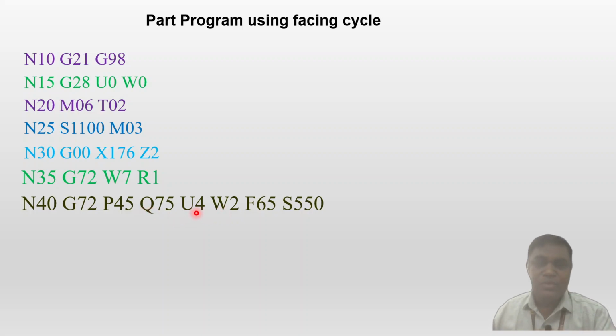U4 and W2 are the finishing allowances in the X and Z directions, with feed 65 and spindle speed 550. So during the machining the spindle rotates at 550.